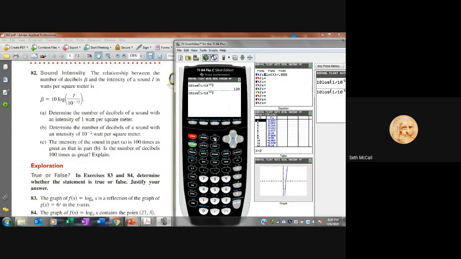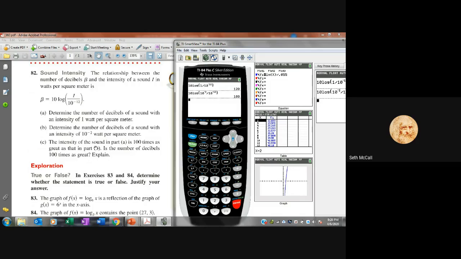I'm going to hit second insert again, and I'm going to make that a 10 and make it to the negative 2. So you can see I have 10 to the negative 2 divided by 10 to the negative 12th. And when I hit enter, you can see that the decibels are reduced to 100, which is still extremely loud.